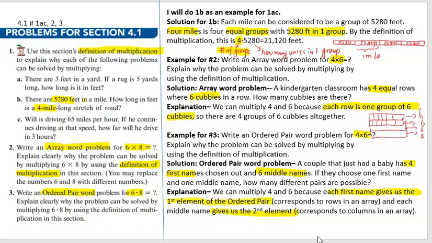For example, I'm just going to call them first name 1, first name 2, first name 3, first name 4, and middle name 1, middle name 2, middle name 3, middle name 4, middle name 5, and middle name 6. That way we can create a chart and then explain this way.